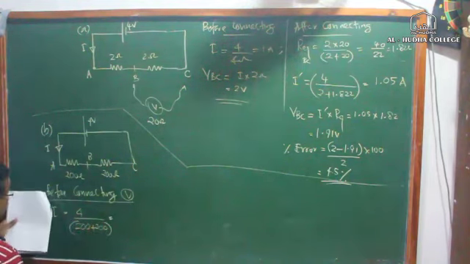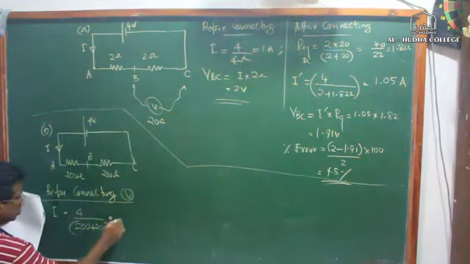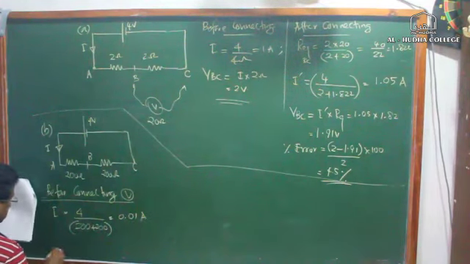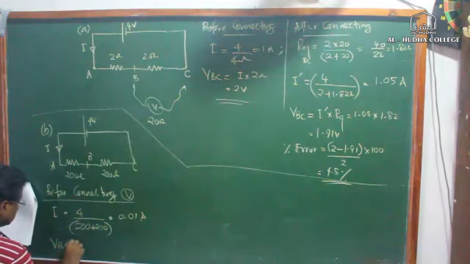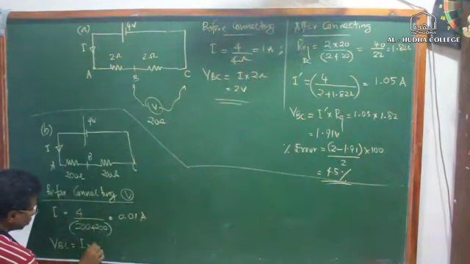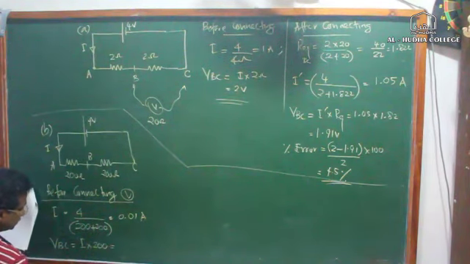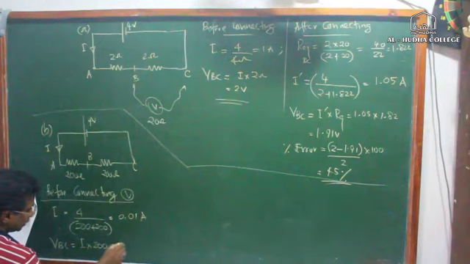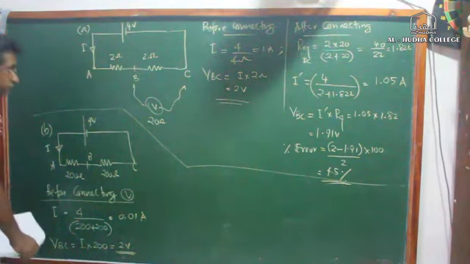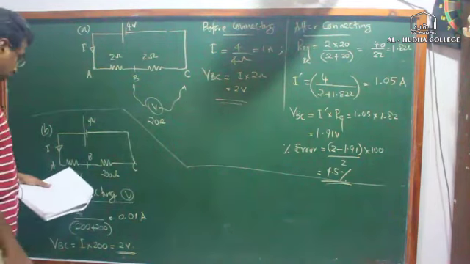So that comes to 0.01 ampere, right? So VBC is I into the resistance between B and C, that is 200, that is again 2 volts.